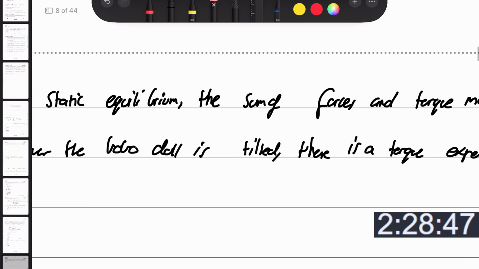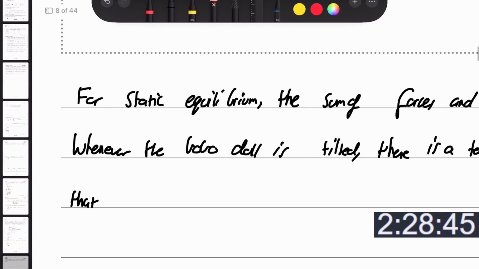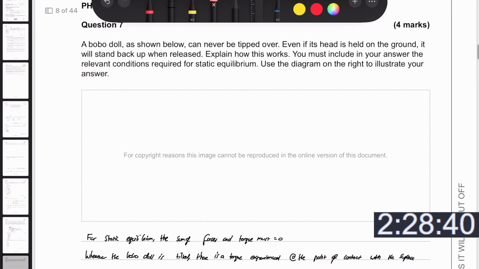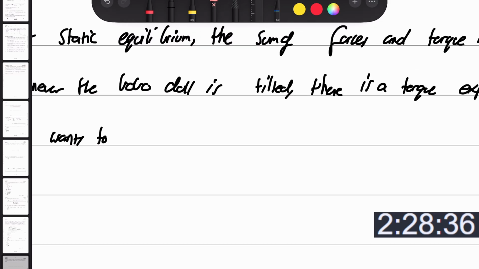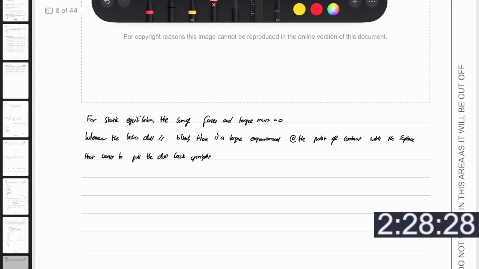That one's the correct. Then what's the pull the doll back upright? I don't think my explanation is very good.